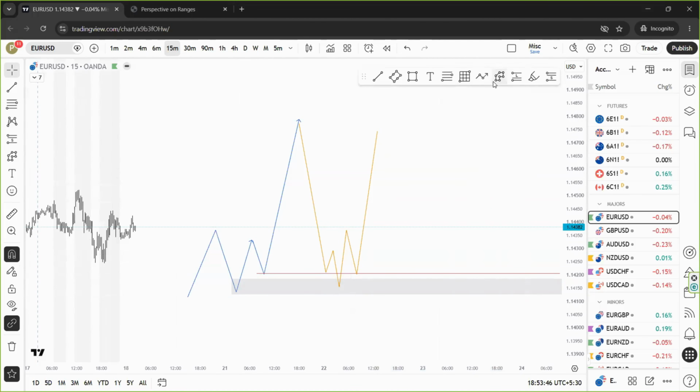But again, time frames don't account for volatility. So this could be a 15-minute change of character, but so can this. So this could also be a 15-minute change of character. So when you compare these two, you're going to understand that the degree of confirmation is going to be vastly different, right?